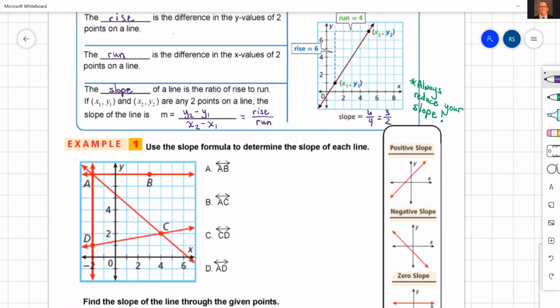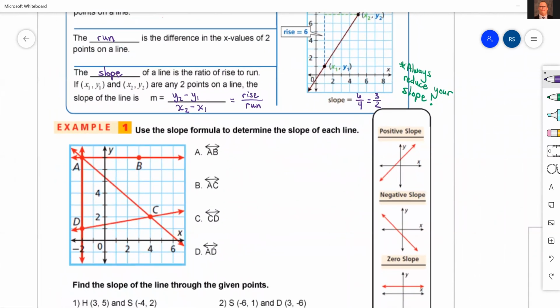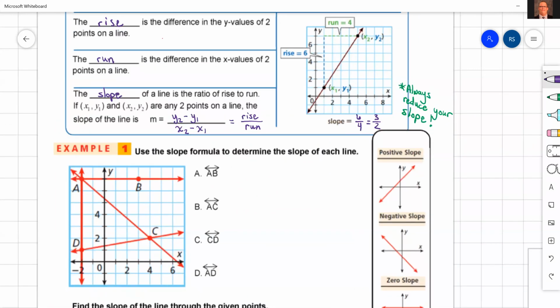Okay, so let's just jump into the first example. They want us to use the slope formula to determine the slope of each line. Now on this one, we're not going to exactly use the slope formula.